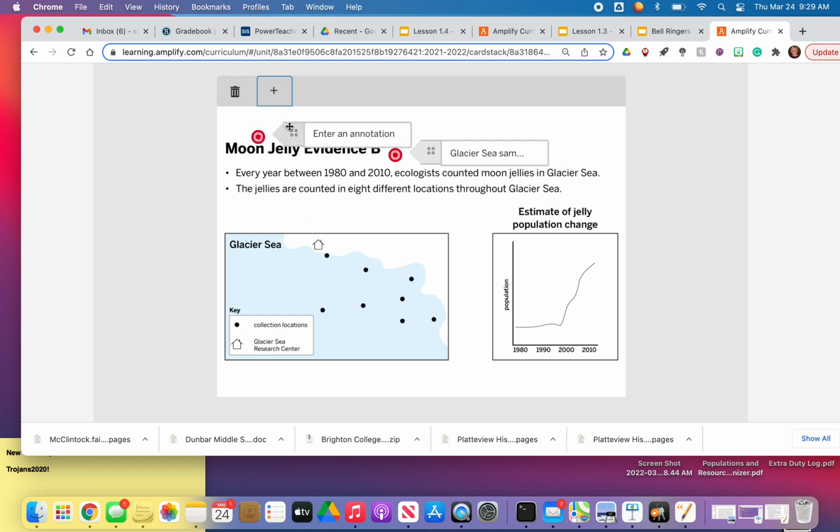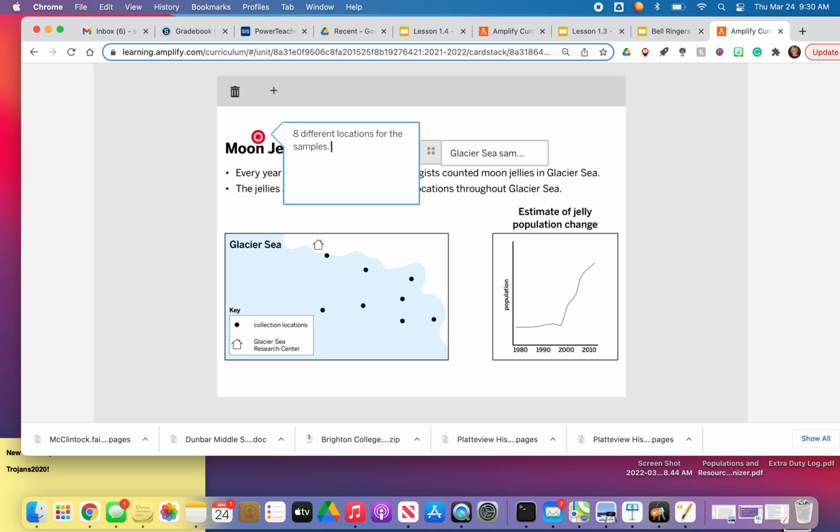So I'm going to go ahead and add annotations, and I'm going to say 8 location samples. Actually, grammatically, that's not correct. 8 different locations for the samples.